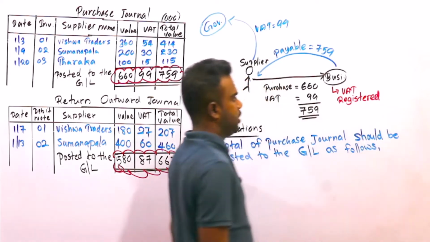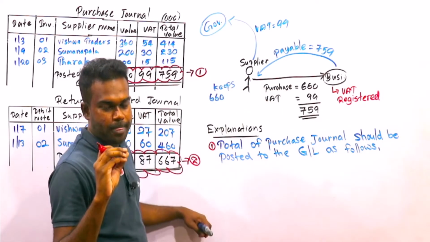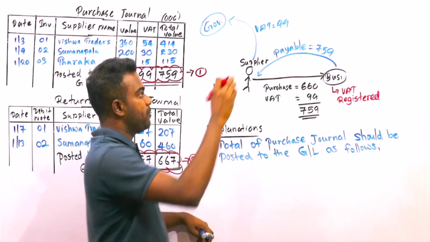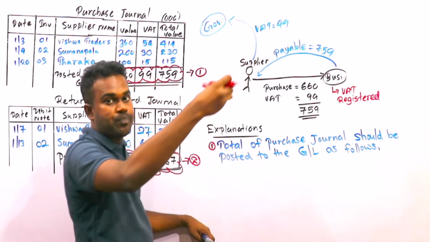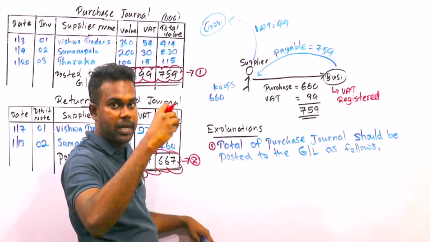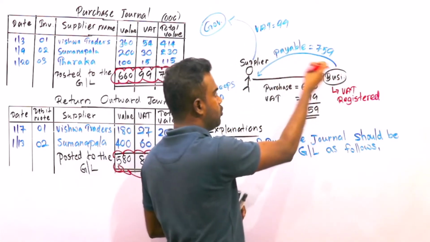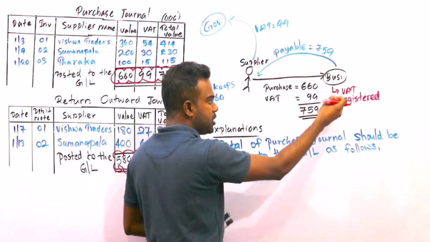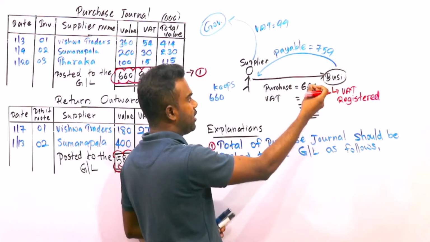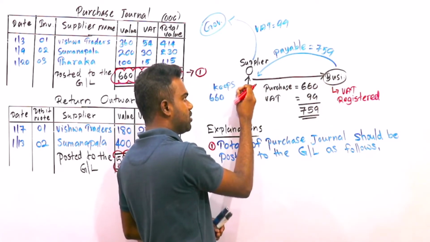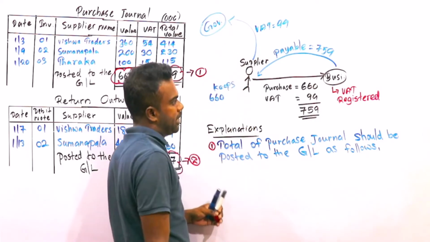If the business is registered for VAT, that's the condition, right? This VAT amount will be in future, right? In future, this VAT is paid through the supplier, and the business has actually paid it. The business paid it, but through the supplier to the government.